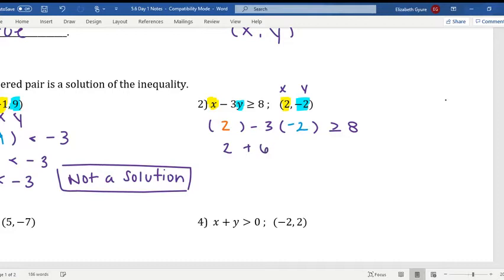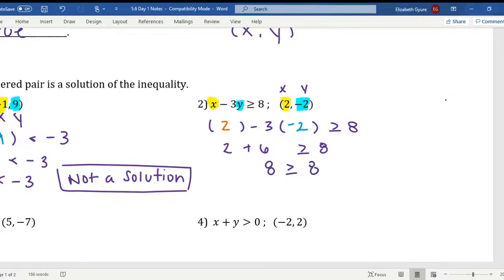So 2 plus 6 is greater than or equal to 8. So now we just got to do one more simplifying step. Dallas, what's 2 plus 6? 8. So we got 8 is greater than or equal to 8.